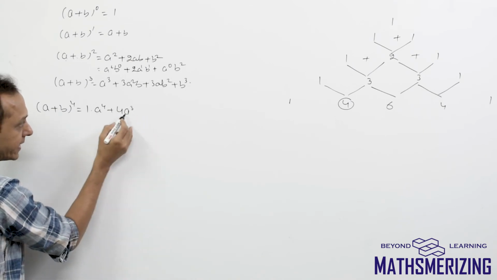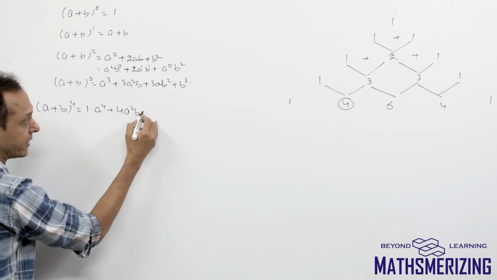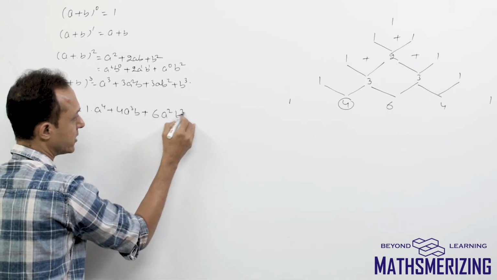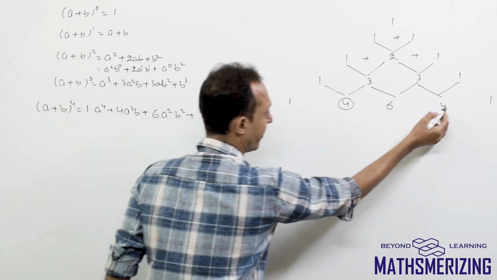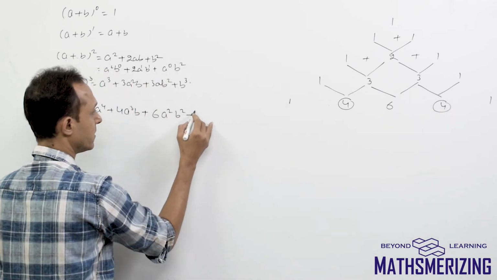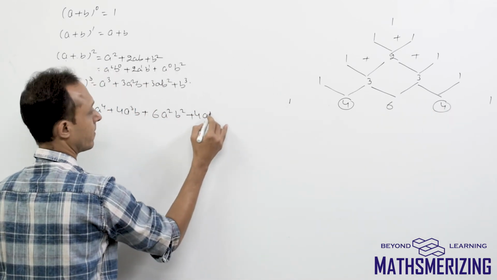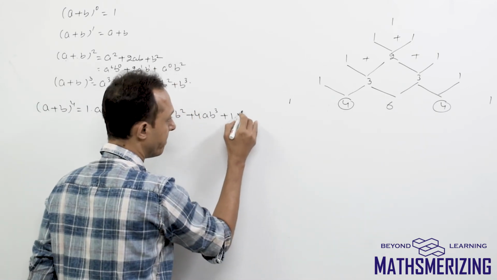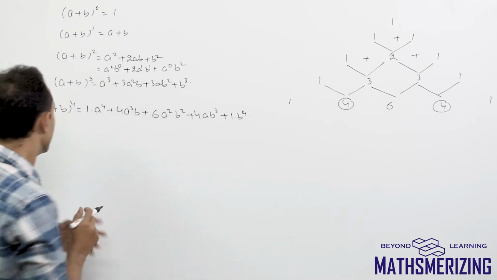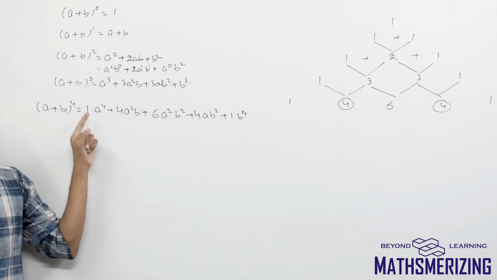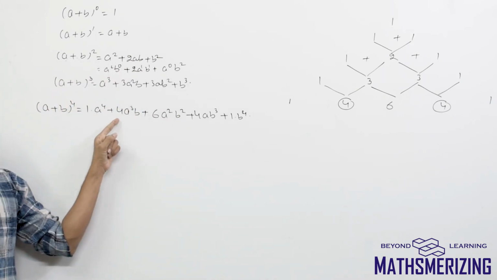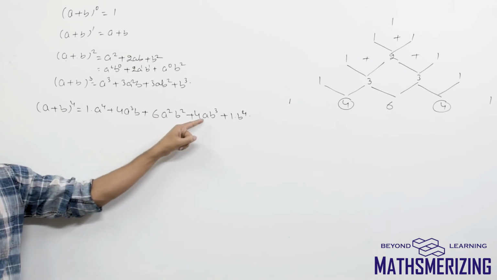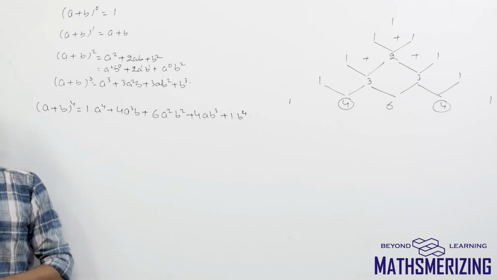So power of a will decrease by 1 and the power of b will increase by 1. And then plus 6a²b². And then again I'll write 4, so this is 4ab³. And then finally it will be 1 into b⁴. So the expansion of (a + b)⁴ is a⁴ + 4a³b + 6a²b² + 4ab³ + b⁴.